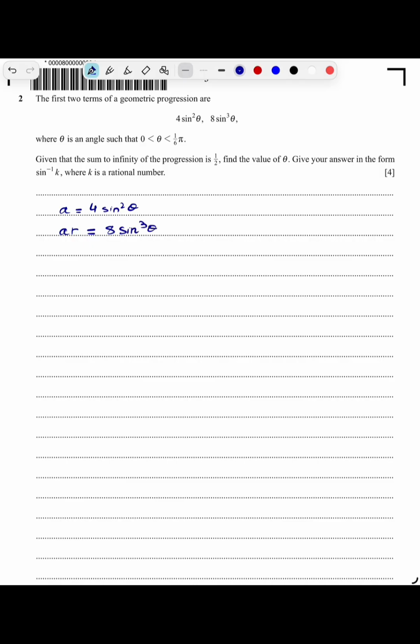We can easily find the value of R from here, because if I divide AR by A, I'll be left with just R, right? So the value of AR is 8 sine cubed theta, and the value of A is 4 sine squared theta. So I have R equals 2 sine theta. That's nice. So we got this.